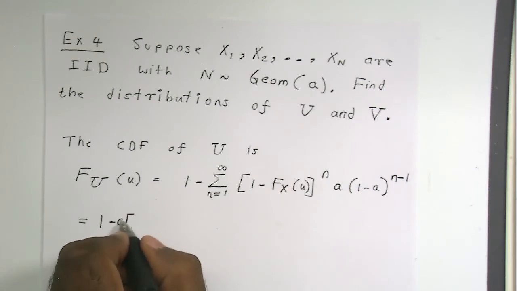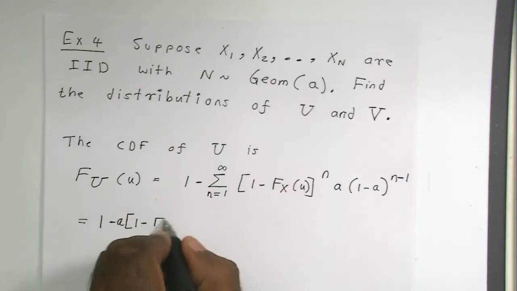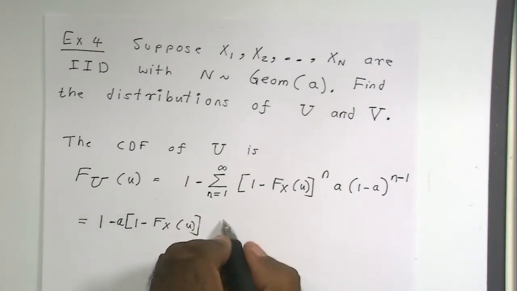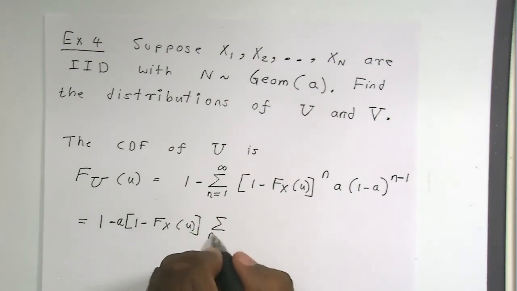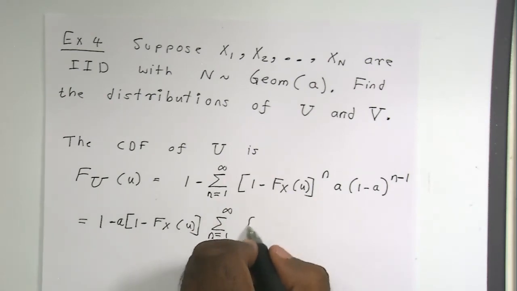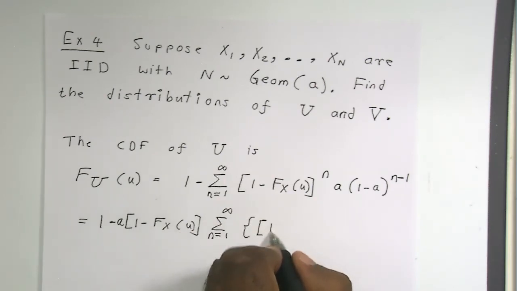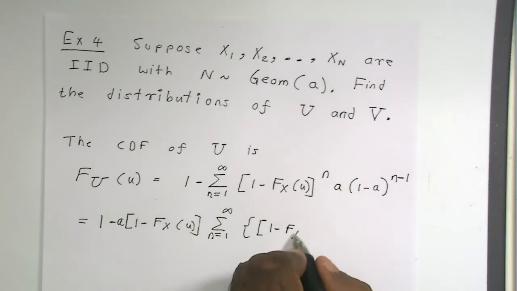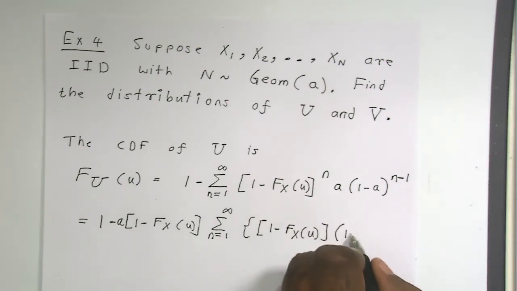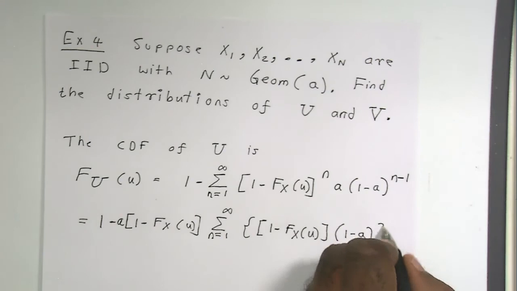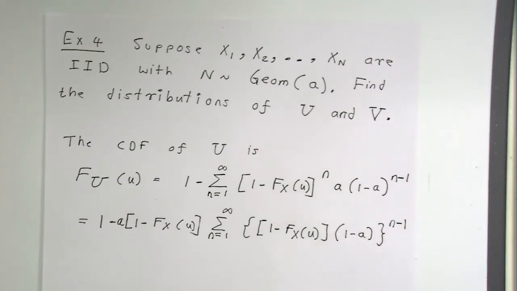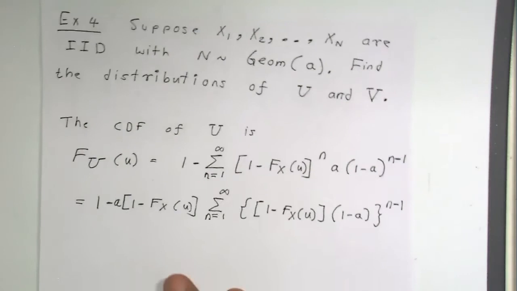I'm going to pull out the a, and I'm going to pull out this factor. Then you have the sum from 1 to infinity. Do you see what I've done?